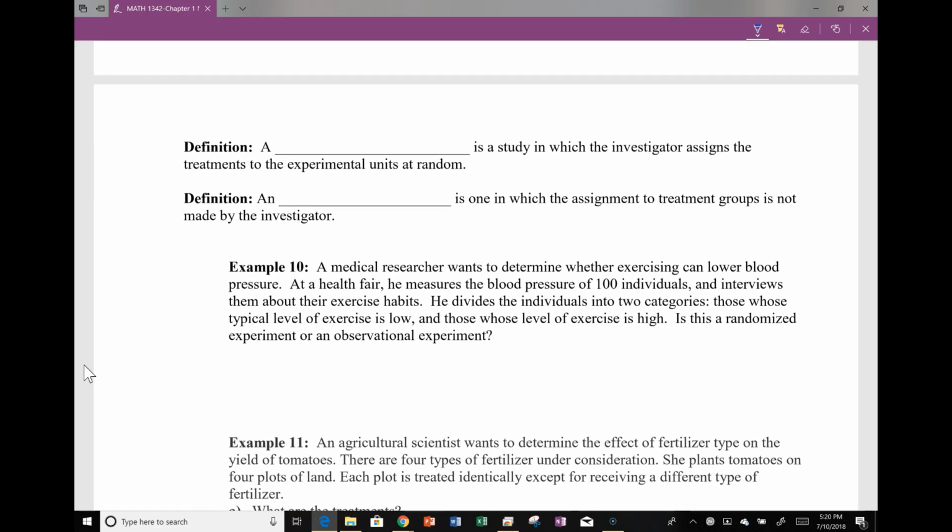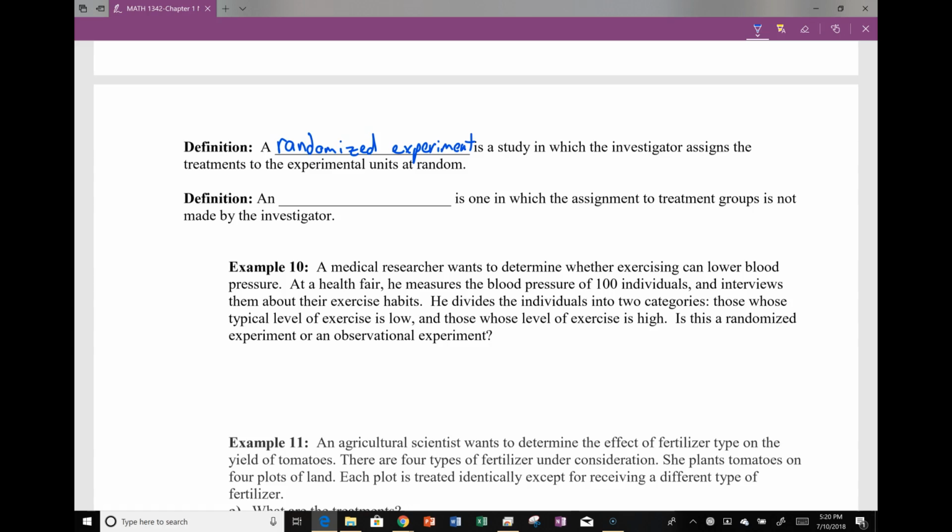One of the best things that we look at is a randomized experiment. Whenever we're talking about a randomized experiment, this is where you assign a treatment to a specific experimental unit.